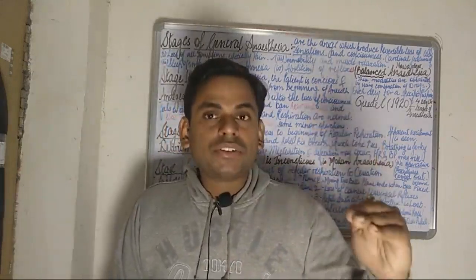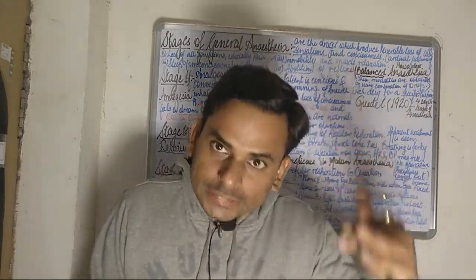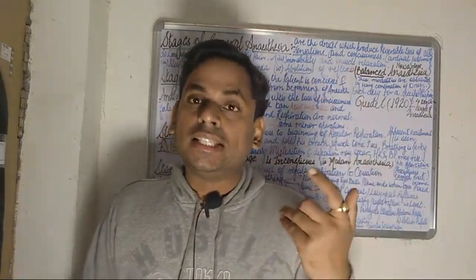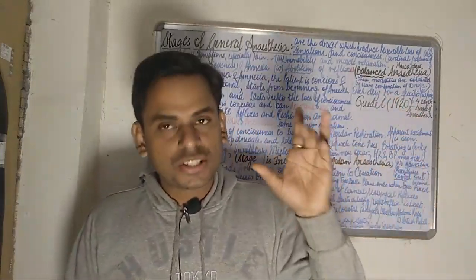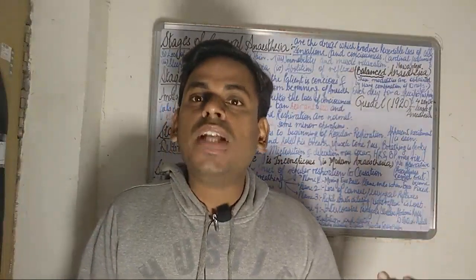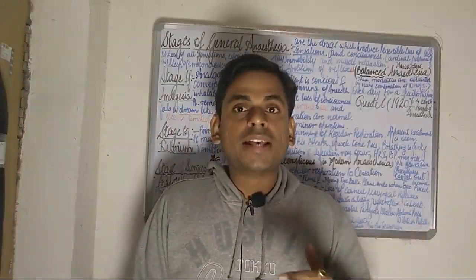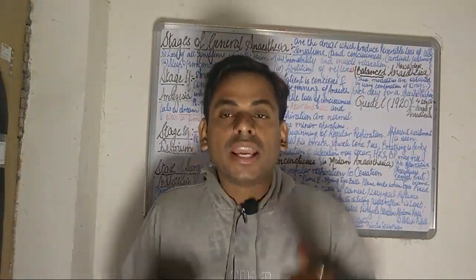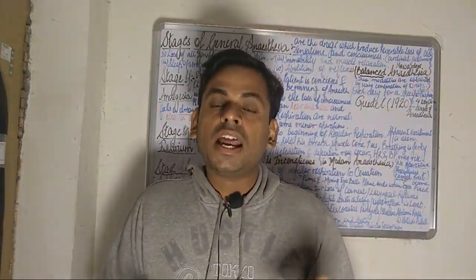General anesthetics cause a descending depression of the CNS, that is, the higher functions of the brain are lost first, and slowly and gradually the lower parts are affected. Whereas in the spinal cord, the lower segments are affected first, and later on the upper segments also.